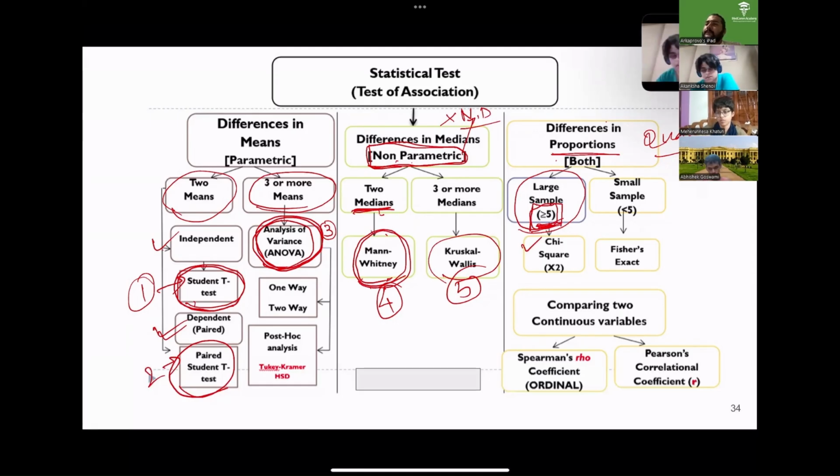If it is less than 5, there is a variant of the chi-square test that is called Fisher's exact test. Fisher's exact test. So this is the 6th, this is the 7th.